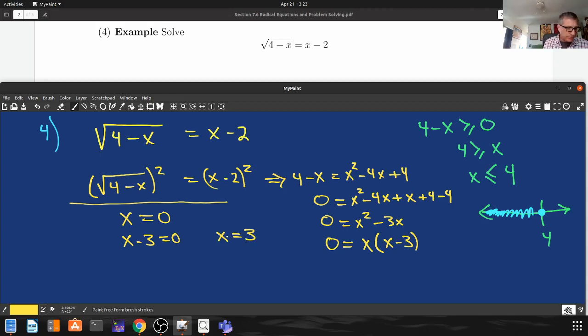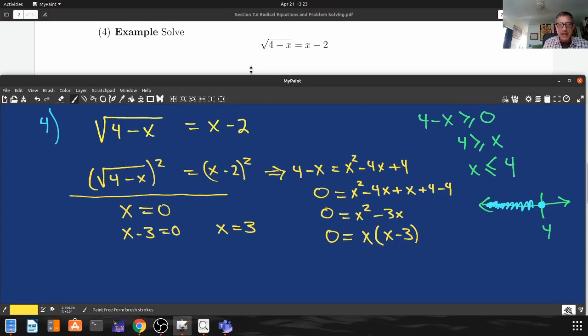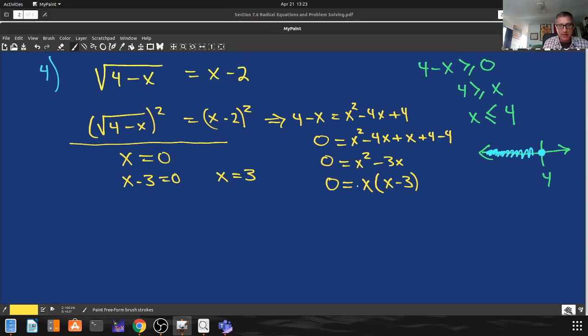Notice that x is equal to 3 and x is equal to 0 are both less than 4. So I think I'm going to answer my question right here. Let's check both of these answers. These are my possible answers.